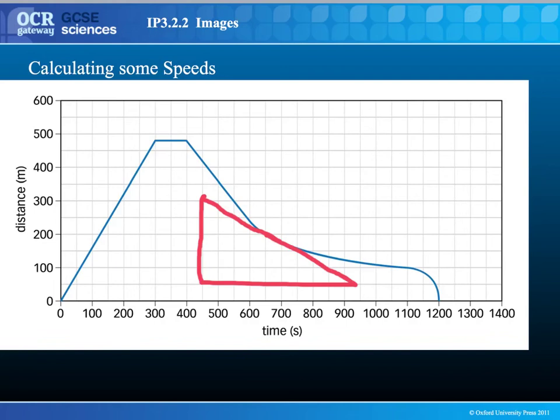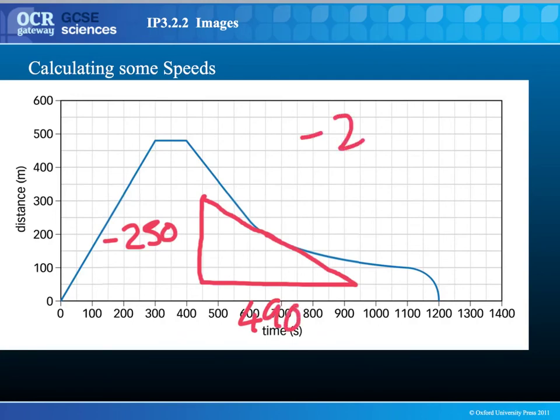The height of this triangle is 250, or minus 250 because it's going down. And the length of this triangle is about 490.